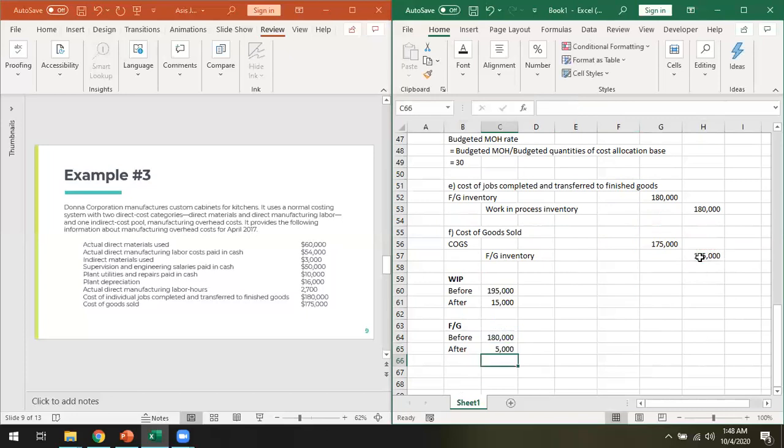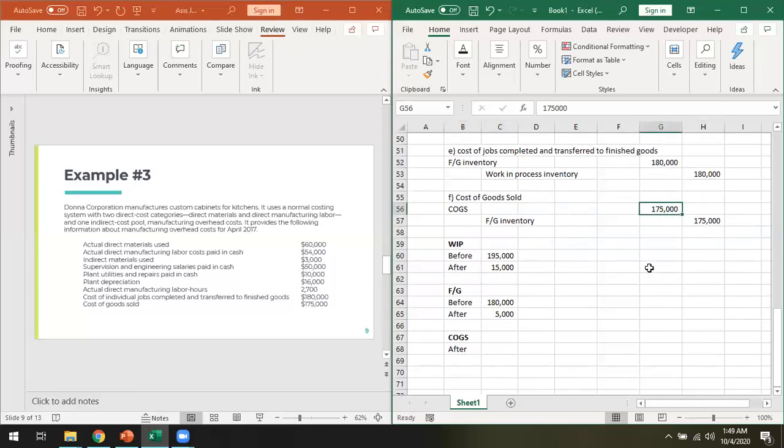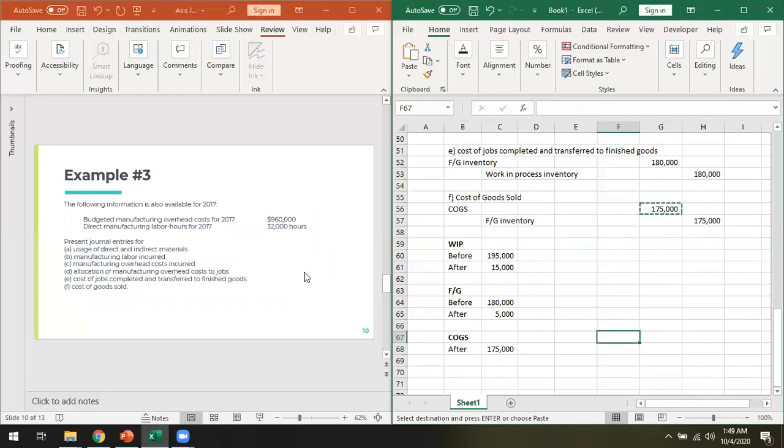Okay, so we only have $5,000 worth of finished goods after the sales occur, so they are converted into cost of goods sold. We know that the cost of goods sold is just $175,000. Okay, so that's for example 3.